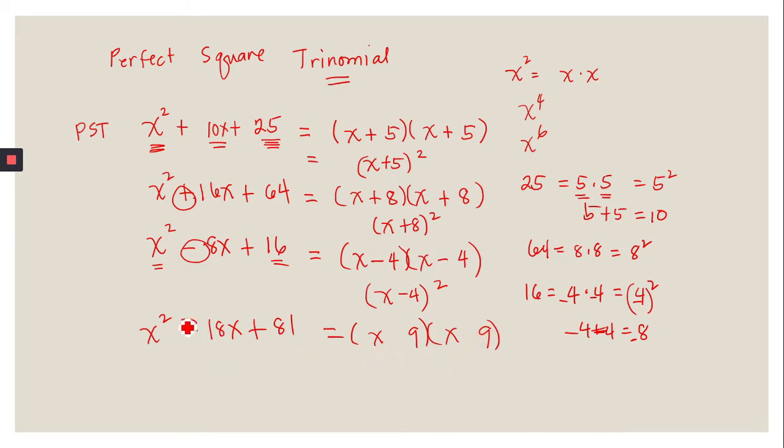Since this is negative, they will be both negative, or x minus 9 squared. So that is a perfect square trinomial. So we are going to apply how to factor perfect square trinomial in solving quadratic equation by completing the square. Right, so let's move on.